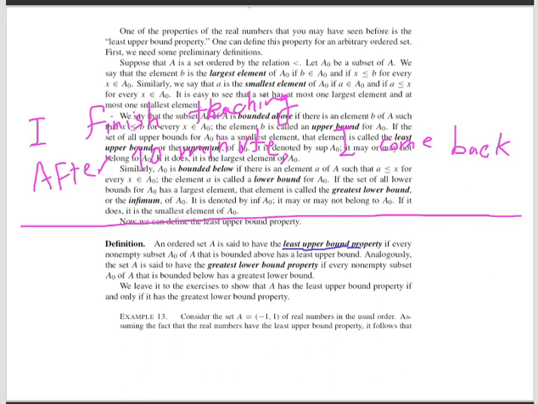And the set is said to have the greatest lower bound property if every non-empty subset A0 of R that is bounded below has a greatest lower bound. Okay.